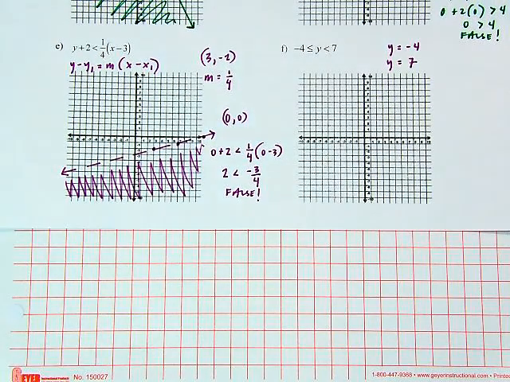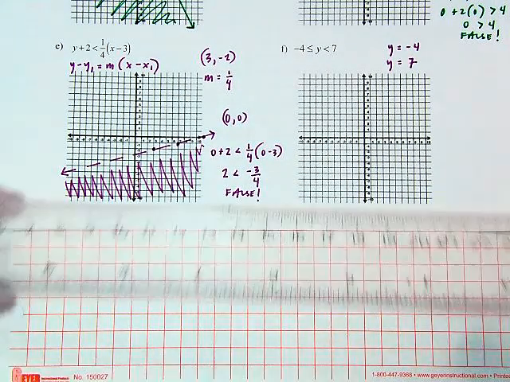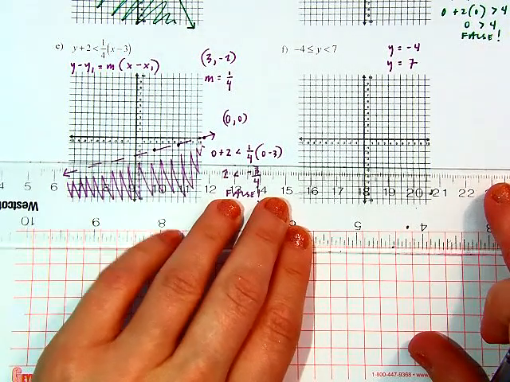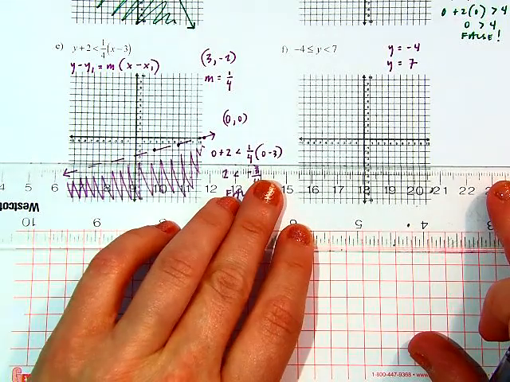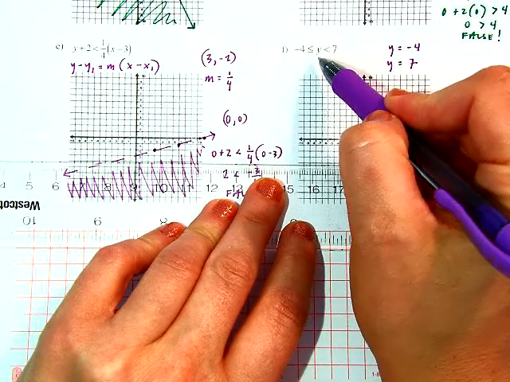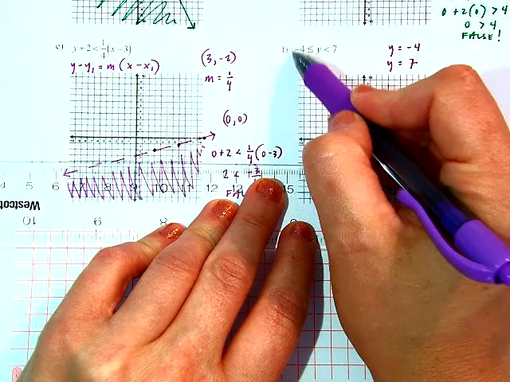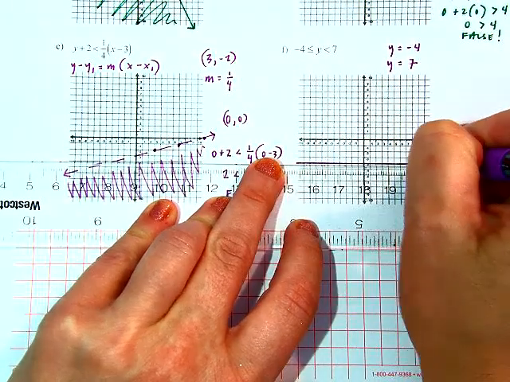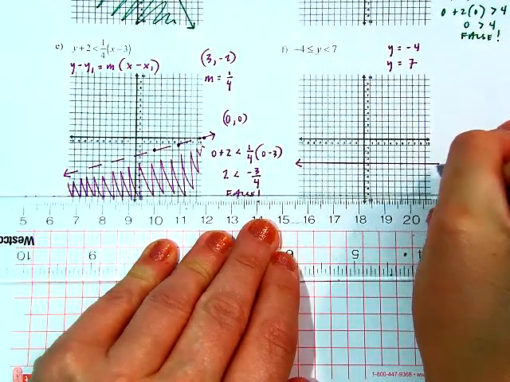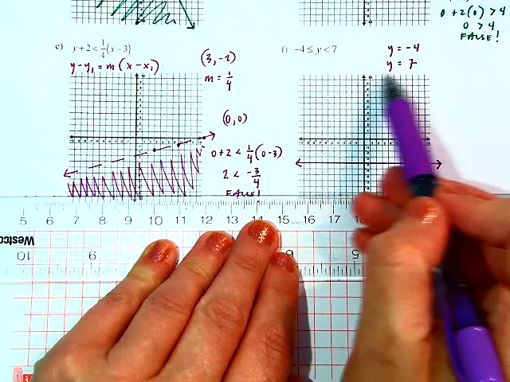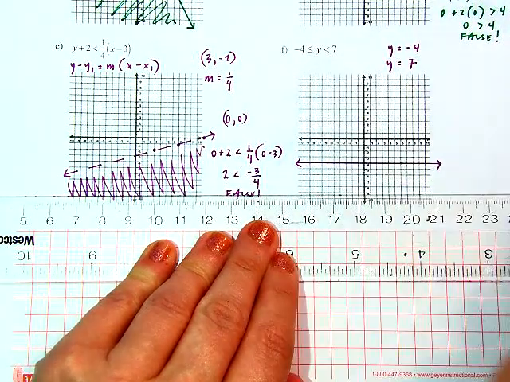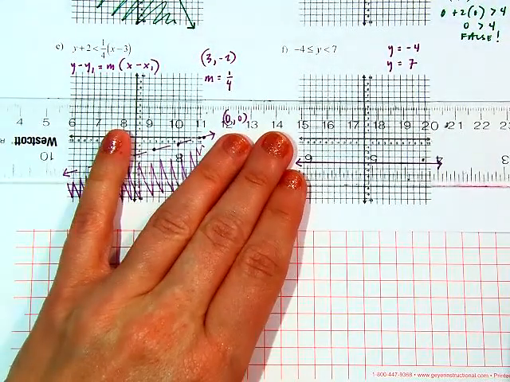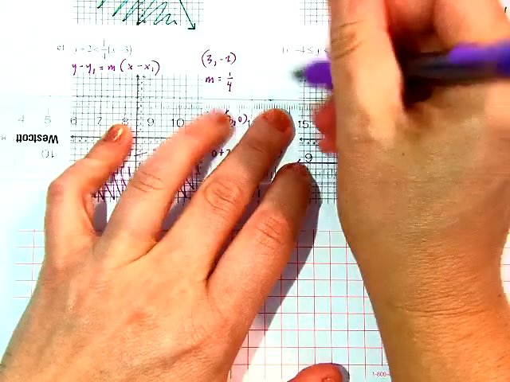So y equals 7, horizontal line right here, y equals negative 4 right there, and I can see that y is greater than or equal to negative 4. So it's going to be equal to, I can make it nice and solid. And at y equals 7, y is less than 7, that's going to be dotted.